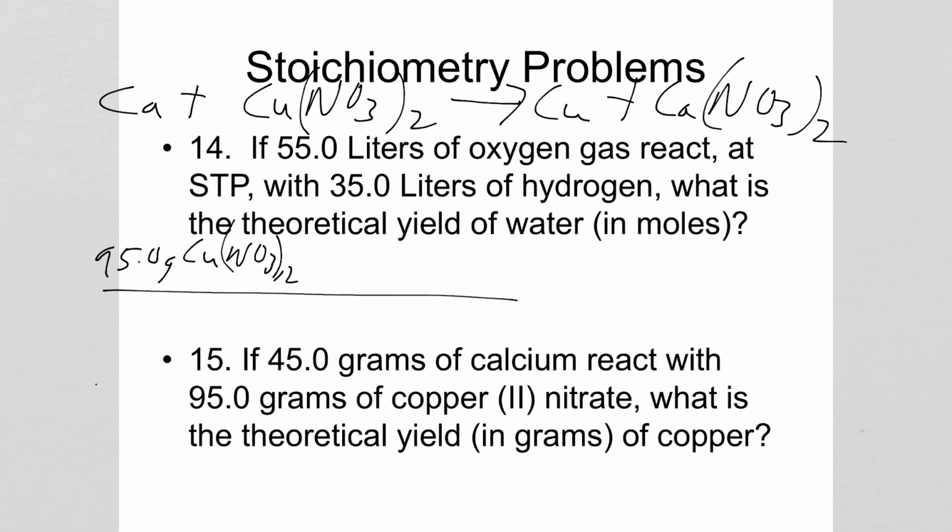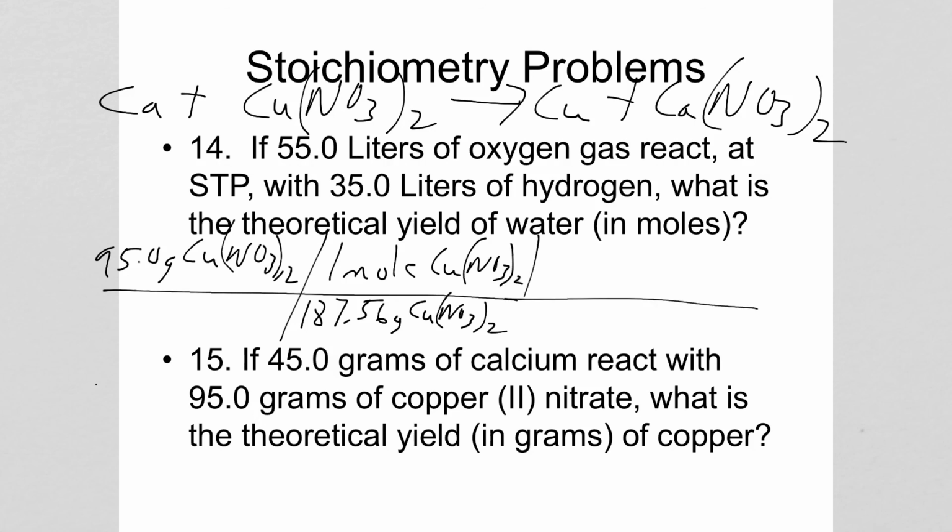Let's convert from grams to moles. The molar mass of copper 2 nitrate again is 187.56. Now we're going to do a mole ratio. We're trying to determine how much copper metal we can make from this.